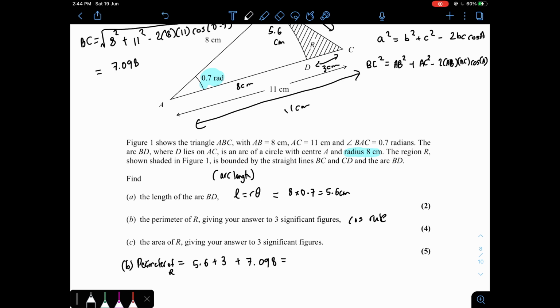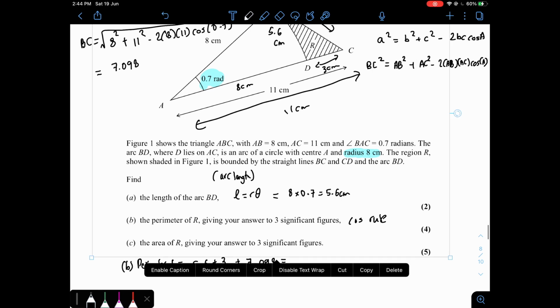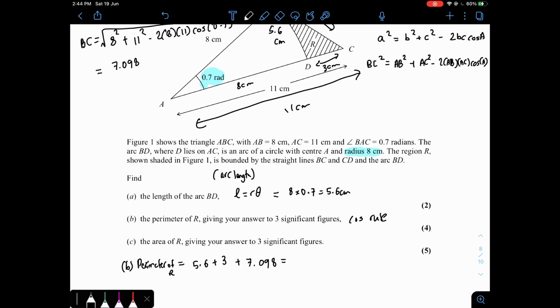When you add them, that'll be 5.6 plus 3 plus 7.098, which is 15.698. But they want the answer in 3 sig fig, so that'll be 15.7 centimeters to 3 SF. So that's our final answer for part B.